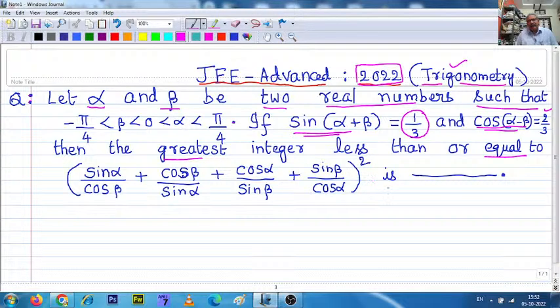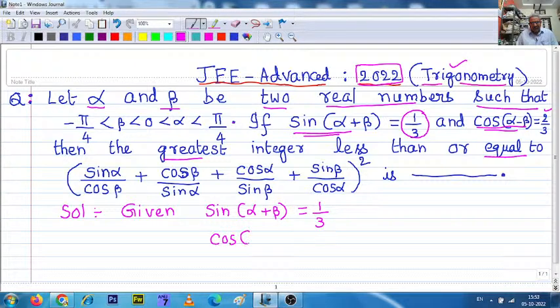The integral part we need to find out, provided what is given here. The given conditions are very important: sine of alpha plus beta equals 1 by 3, and cos of alpha minus beta equals 2 by 3. These two are given, and the condition on the angles is also given. With the help of this we need to find the answer.